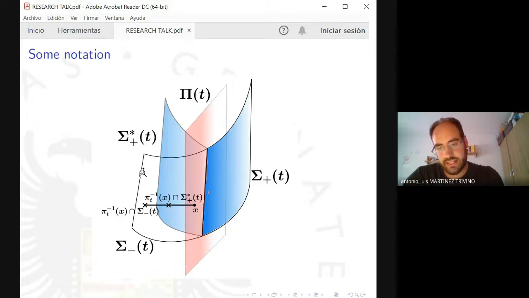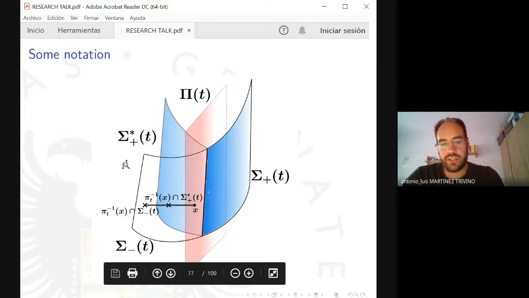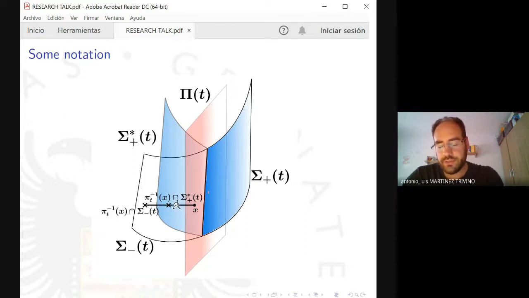And we say that this set is in the right part of, or is greater or equal to, this set if and only if the infimum of the first coordinate of this set is greater or equal to the first coordinate of this point.